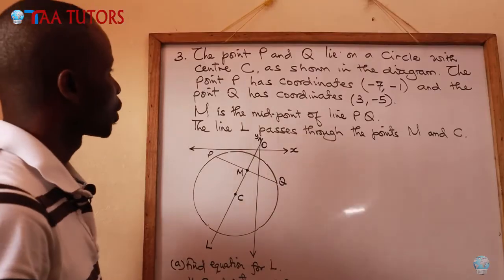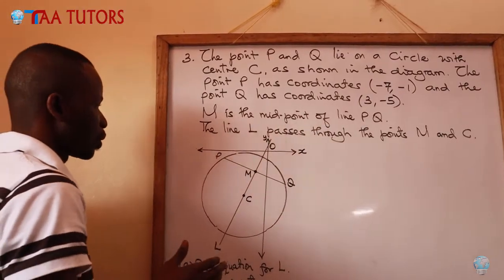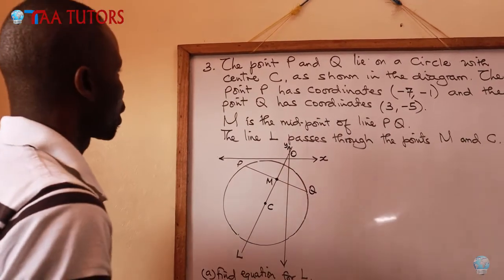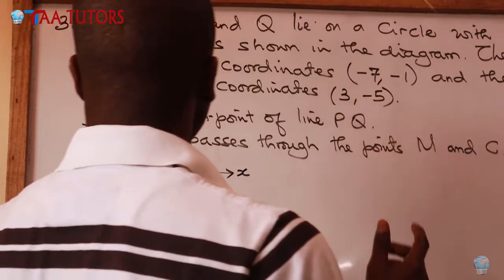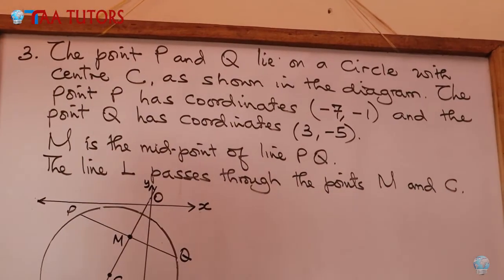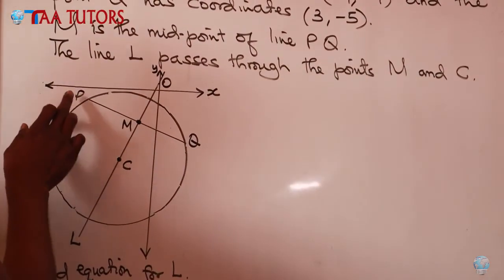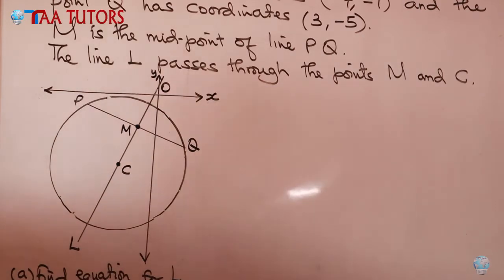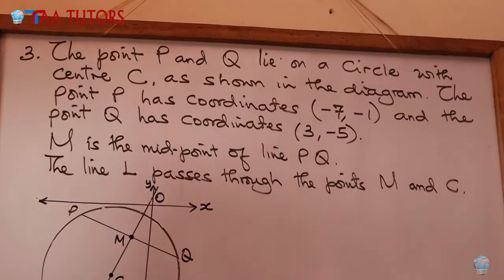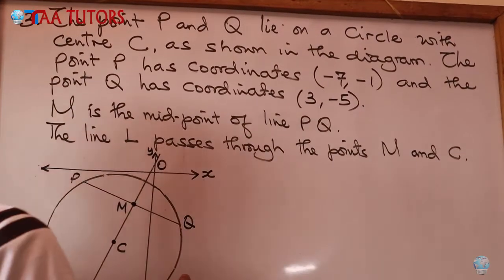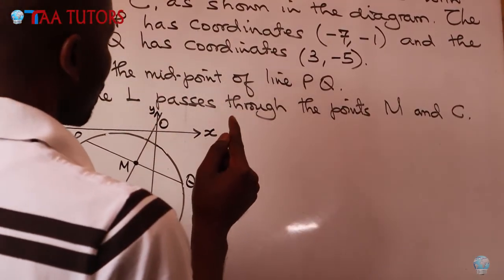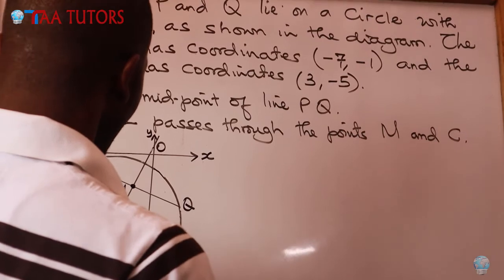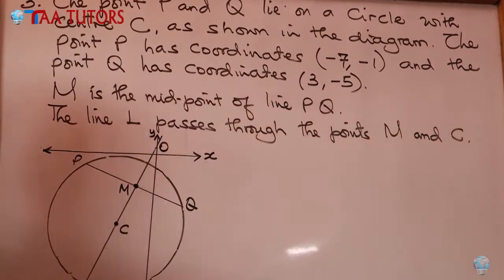Now viewers, we want to look at the last question under this particular area. The question says the points P and Q lie on a circle with center C as shown in the diagram. The point P has coordinates (-7, -1), and the point Q has coordinates (3, -5).